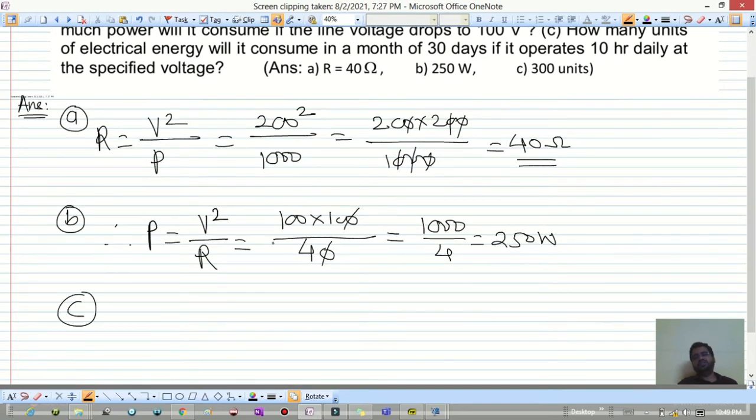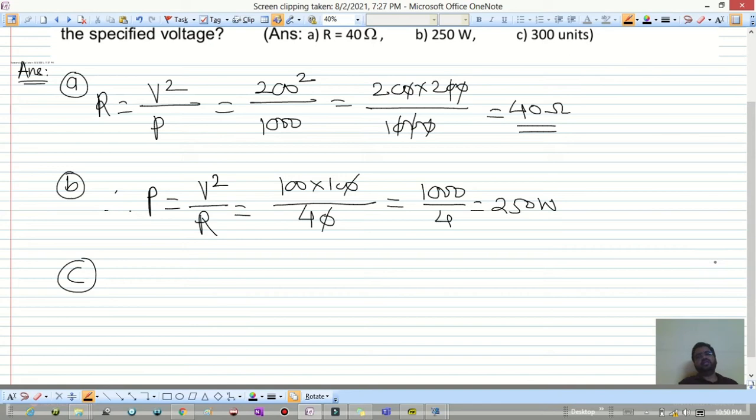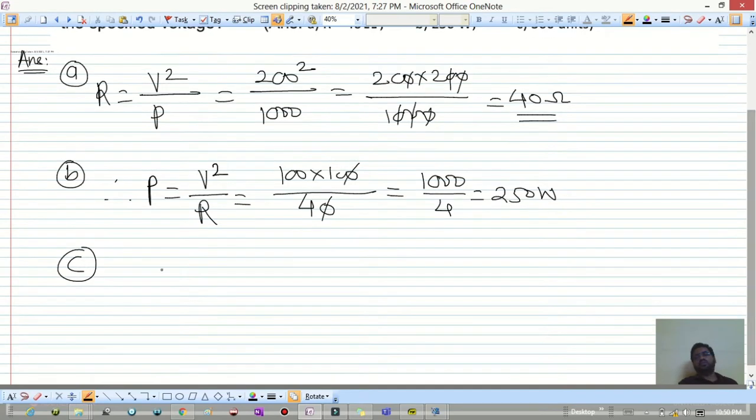Now the third one, how many units of electrical energy will it consume in a month of 30 days if it operates 10 hour daily? Okay, 10 hour daily. So over here, electrical energy is equal to power times the time.